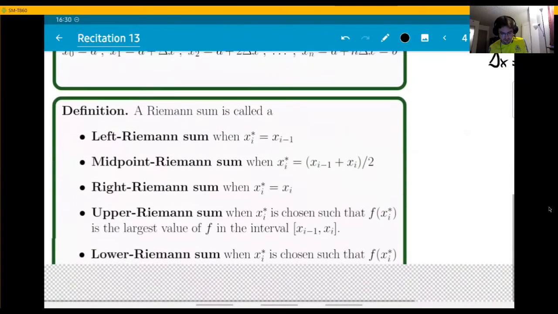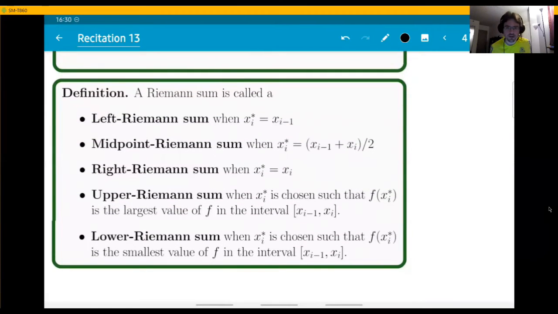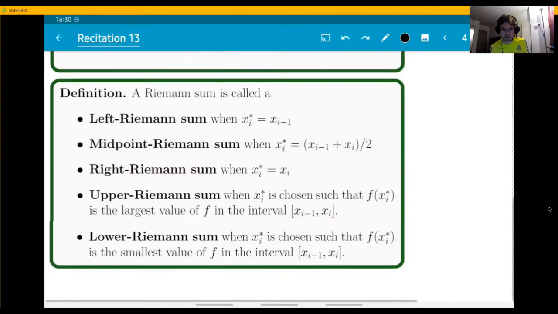And then we finally have some names for different types of Riemann sums. I mentioned 3 of them last time, I think during a lecture. I'm going to also mention 2 others now. So a Riemann sum is called left Riemann sum when the point that you select inside of each subinterval is the left endpoint of that subinterval.